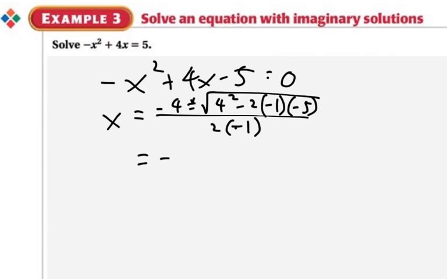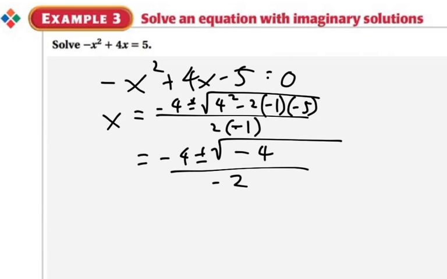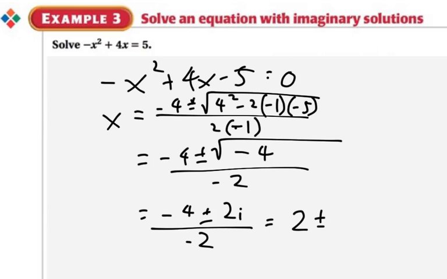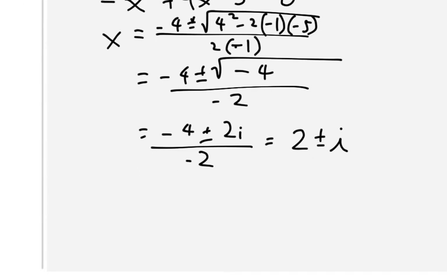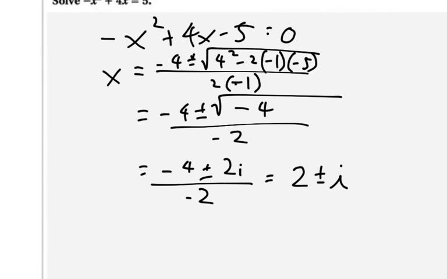And when you simplify what's inside the radical, you get negative 4 over negative 2, which means you have negative 4 plus or minus 2i over negative 2. You can divide everything by negative 2. You end up with positive 2 plus or minus i, which means your solutions, the zeros for this function, are 2 plus the imaginary number i and 2 minus i.